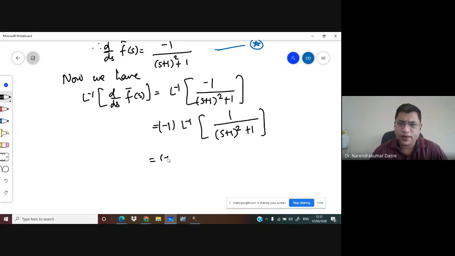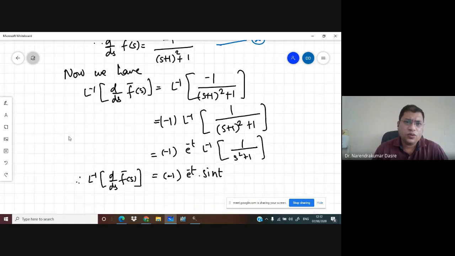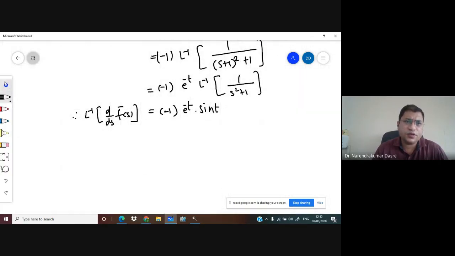So this is equal to minus 1, and this is the first shifting property. So we get here e raised to minus t Laplace inverse of 1 upon s square plus 1. So this is equal to minus 1 e raised to minus t, and the inverse Laplace of this is sine. So here we got the Laplace inverse of d by ds of f bar of s, and now we have completed the second step here. So let us go for the final and third step.